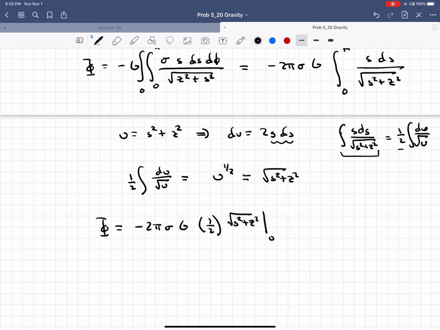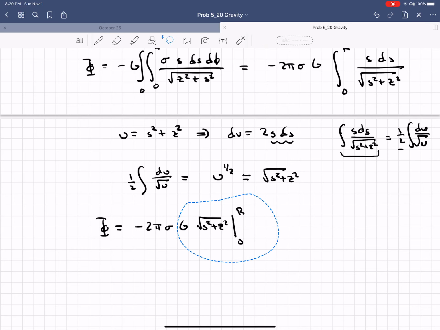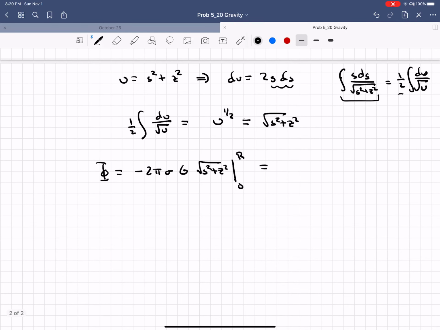I'm going to evaluate that from 0 to capital R. So the integral of s ds over that square root gives me 1/2 of, oh no, I don't need the 1/2. The 1/2 goes away when I do the integral. Just gives me that much of it. Yep, so that looks right now. And so I need to evaluate here for s from 0 to capital R.